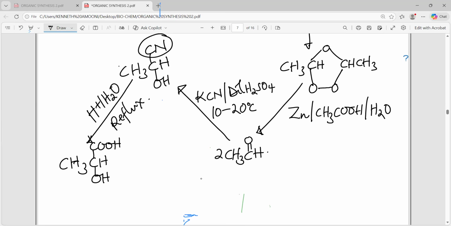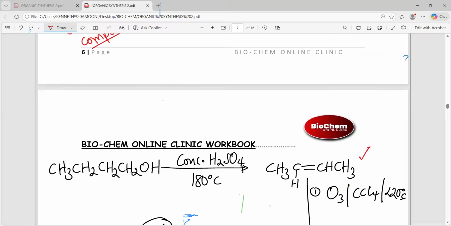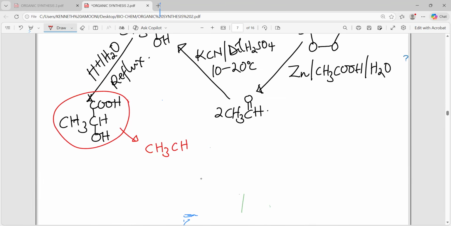But the question's structure has been modified, and we have something like this: CH3CH(OH)COOH. And that is the final product.